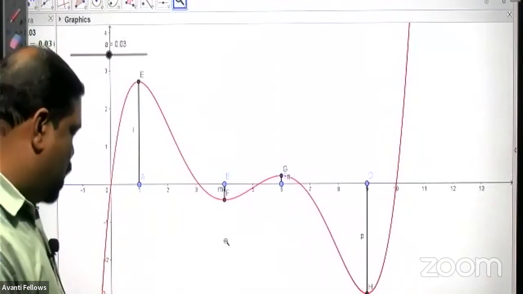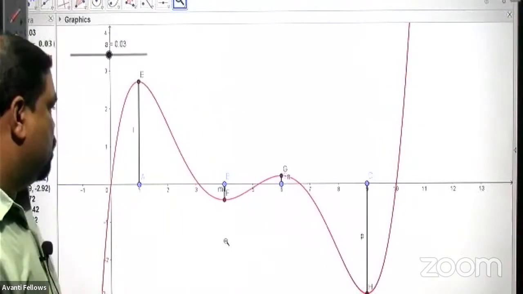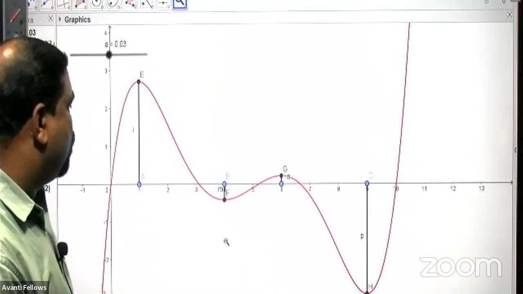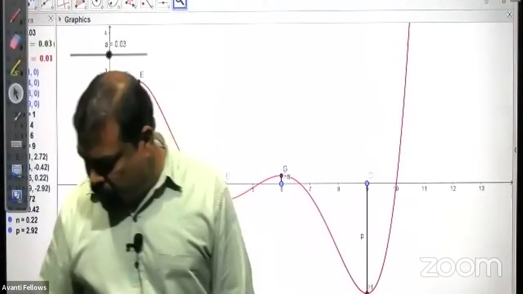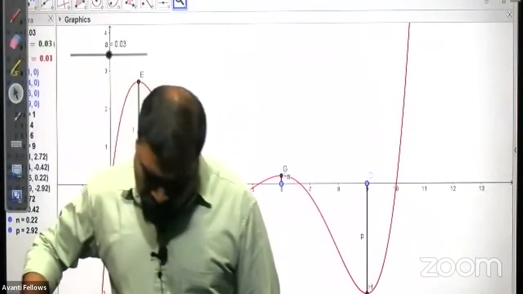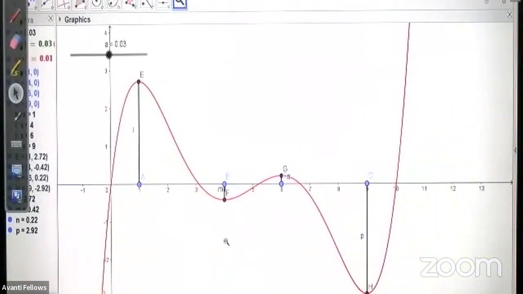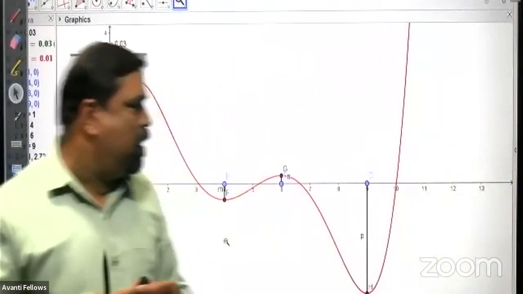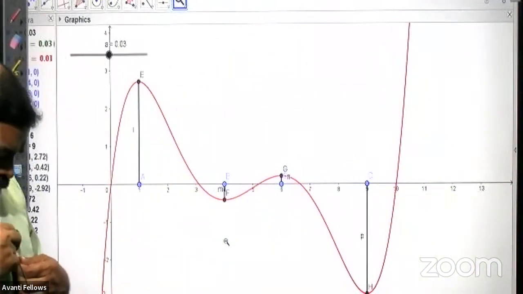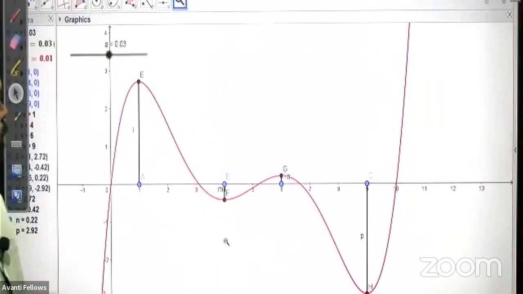What you can observe is that this function has a lot of turning points. Somewhere it attains some maximum, and somewhere it attains some minimum. Some turning points you can see.